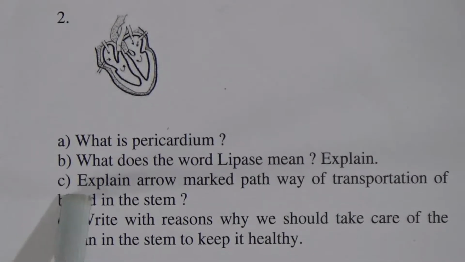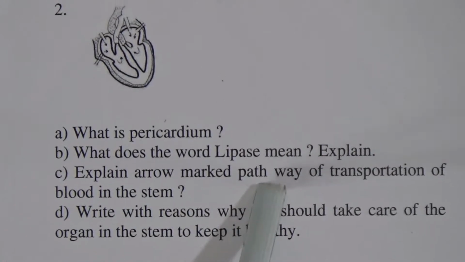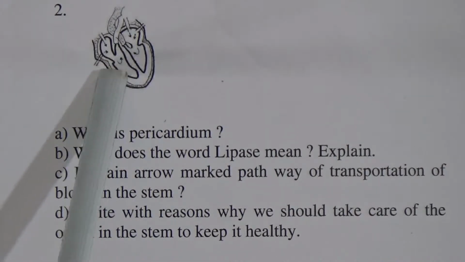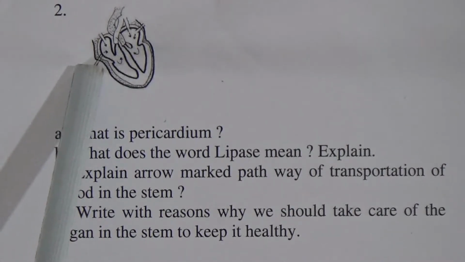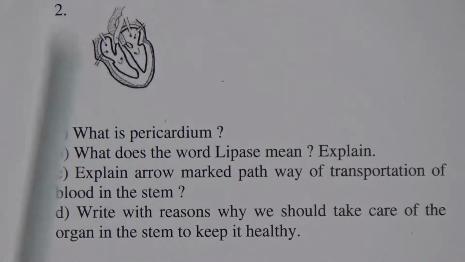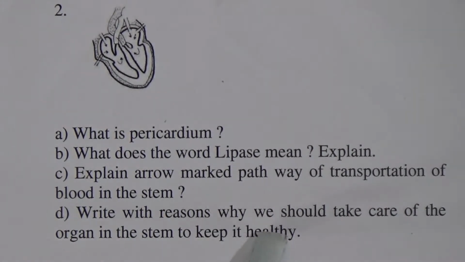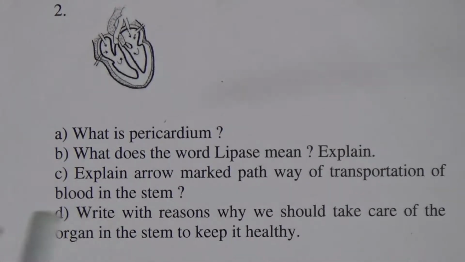C number is, explain the arrow mark pathway of transportation of blood in the stem. You can see in this stem, here is the arrow mark. D number, write with reasons why we should take care of the organ in the stem to keep it healthy.